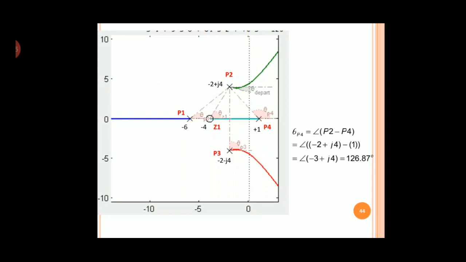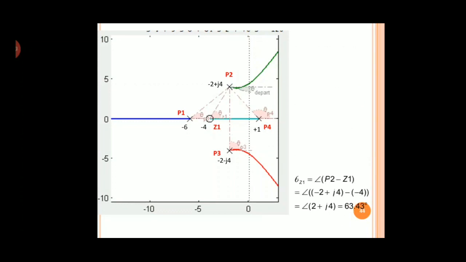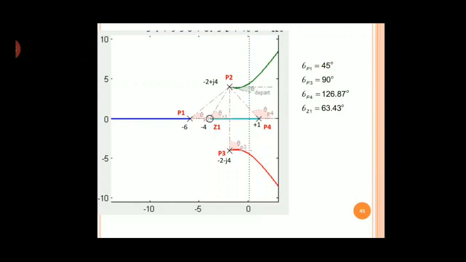Next, all the poles are done. Next is the zero, theta Z1. P2 minus Z1, substitute the values, get the angle: 63.43. So here we have got all the angles, theta P1, P3 and P4, and theta Z1.